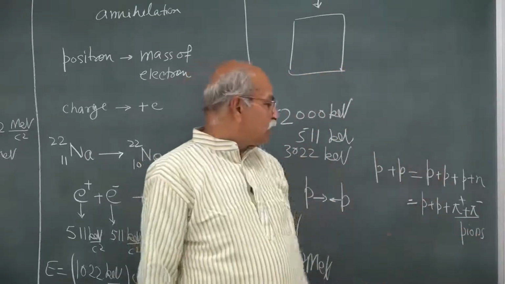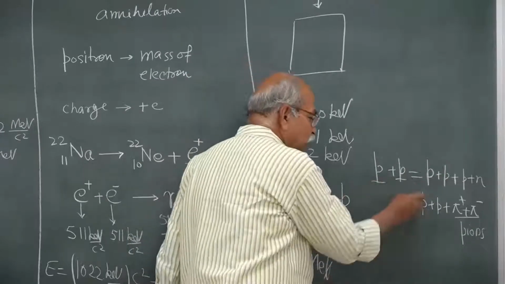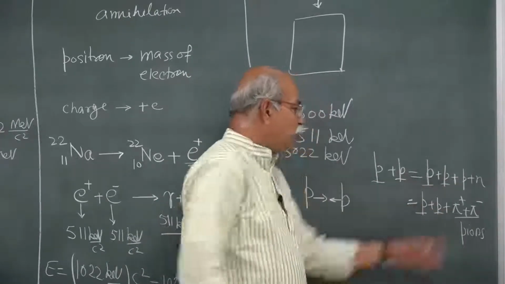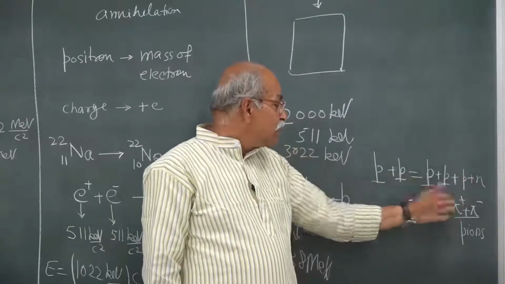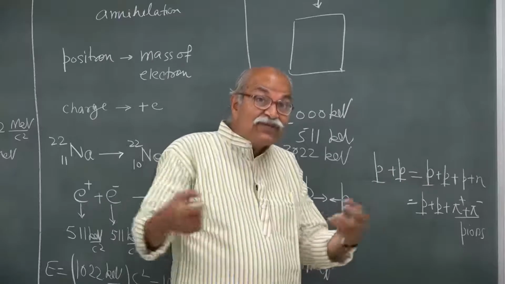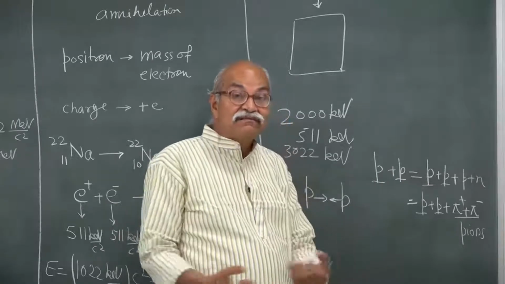Neutral pions are also there. So, the original protons are there and new particles have been created, and these new particles are created from that kinetic energy which they had before the collision.